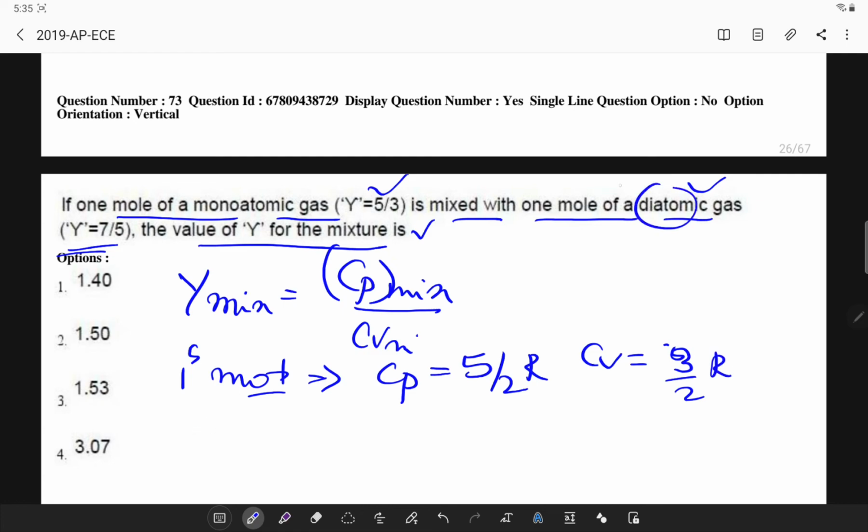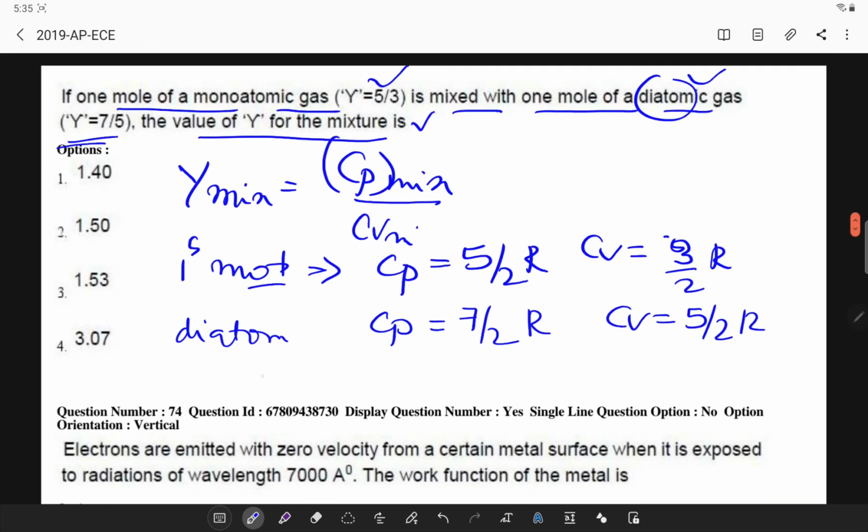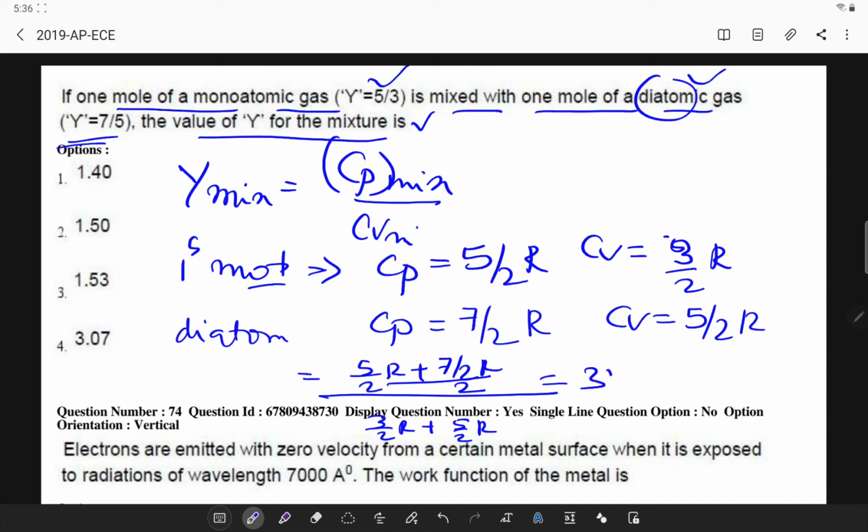In case of the second, which is diatomic, Cp will be 7/2R and Cv will be 5/2R. So as I am mixing both of them, it will be 5/2R plus 7/2R divided by 2, divided by 3/2R plus 5/2R. This is 3R and this is 2R. So I'll be left with 1.5.